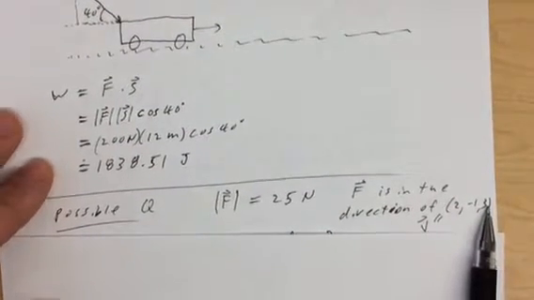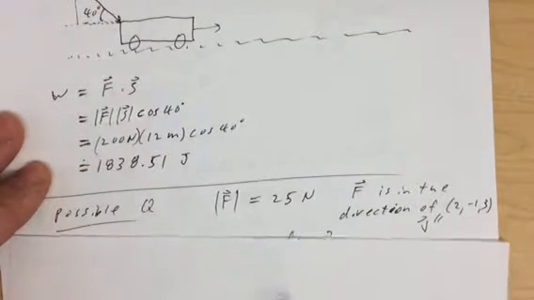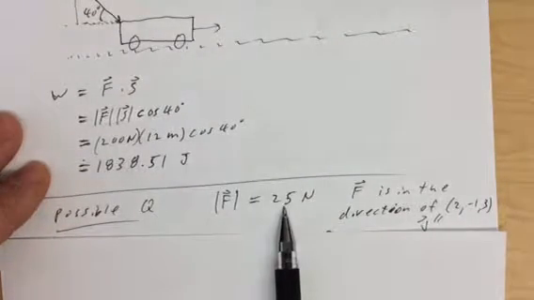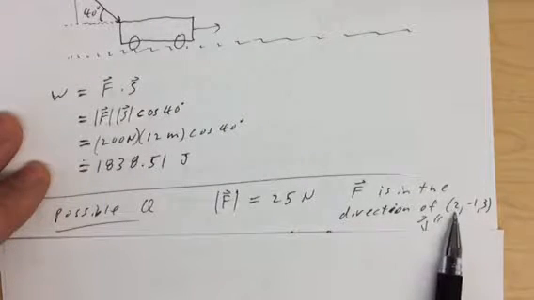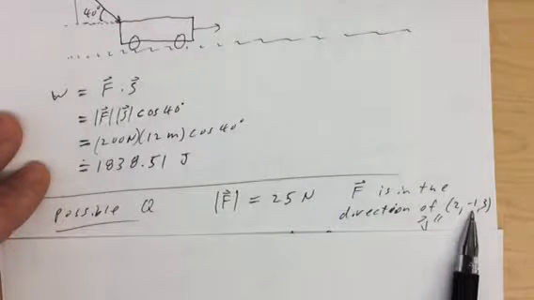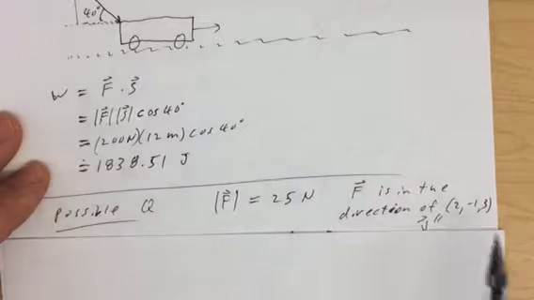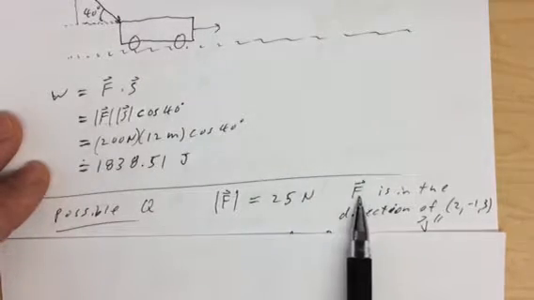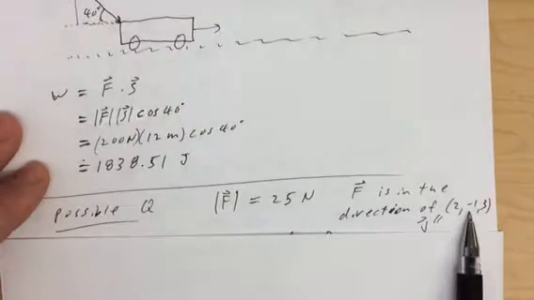The force has to have a magnitude of 25 newtons, and if you calculated the magnitude of this vector, it's not going to be 1. So you can't just say that the force vector is 25 times this vector here.